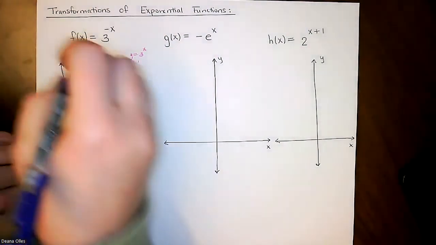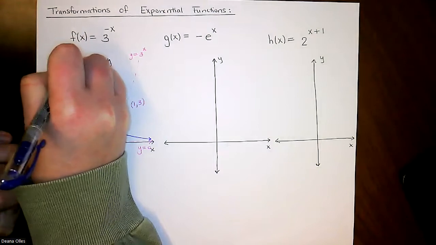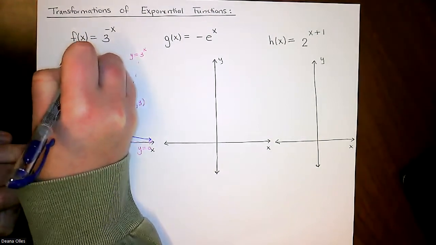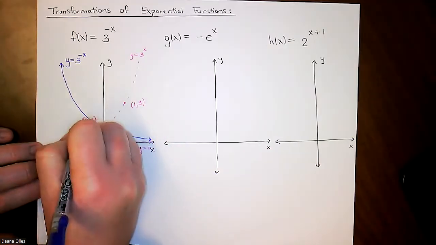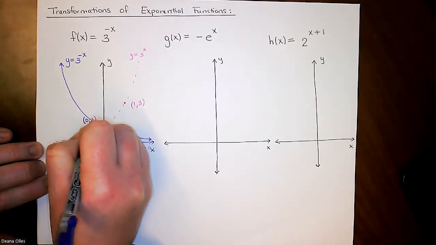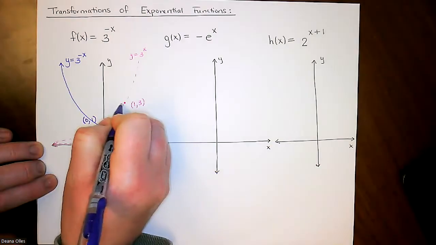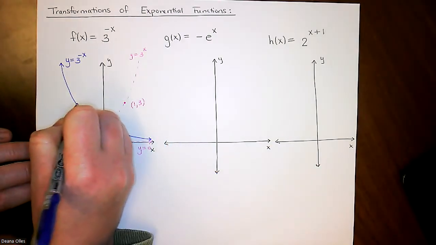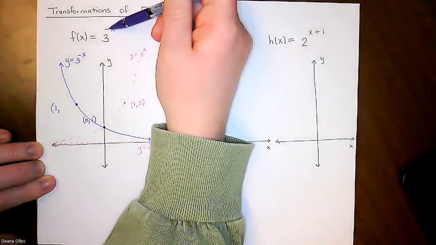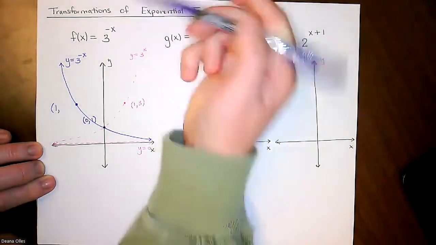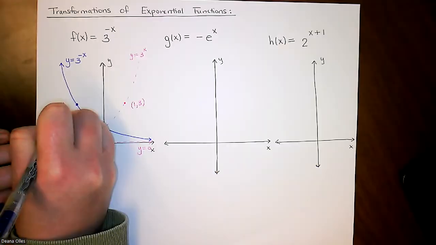All right, so it's a reflection over the y-axis. So you're going to have the point 0, 1. I'm just going to go over that in purple because that's what I'm graphing. But then instead of the point 1, 3, 3 to the negative first is 1/3.